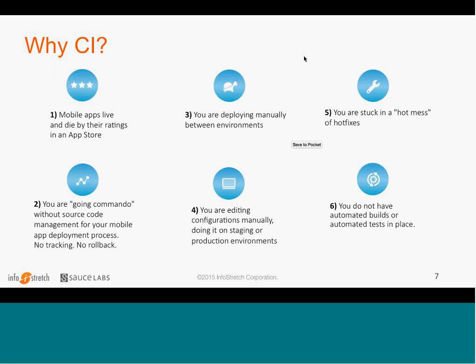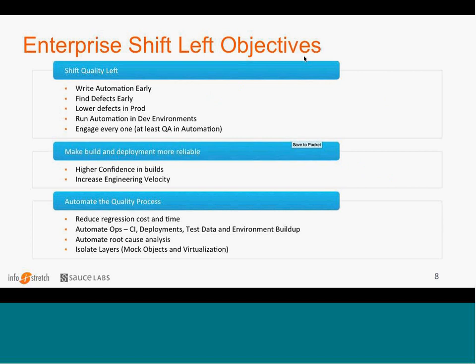Now let's see some objectives of CI, right? Shift left is a buzzword right now in the enterprise world, and there are key objectives that an enterprise wants to achieve to ensure shift left approaches work. So, quality shift left, right?